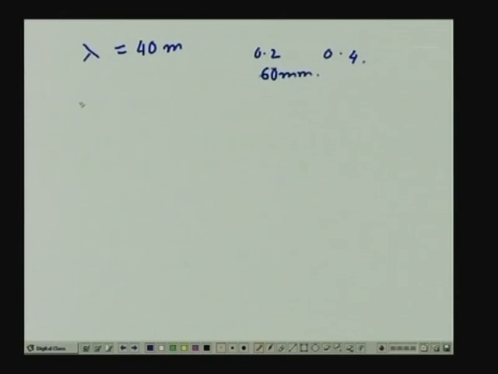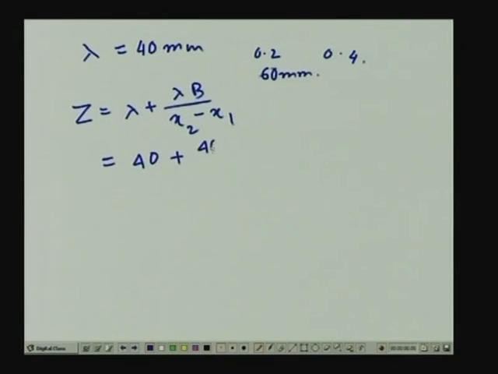So, if I simply use the formula, z equal to lambda plus lambda b by x 2 minus x 1, you find that this will be equal to 40 plus 40 into 60 divided by 0.2, because x 2 minus x 1 in this case is 0.2, and which comes out to be 12040 millimeter.